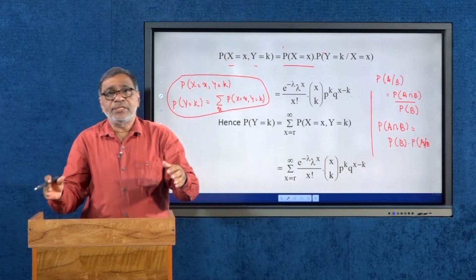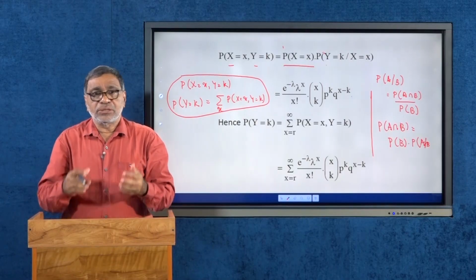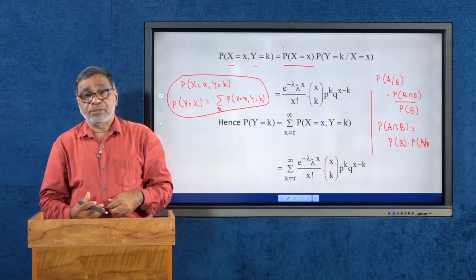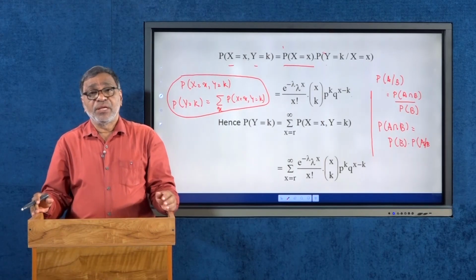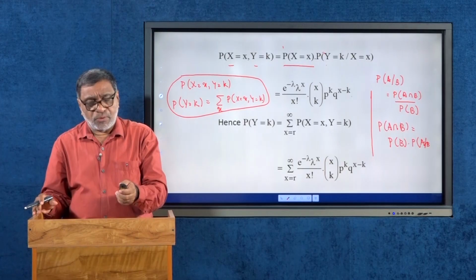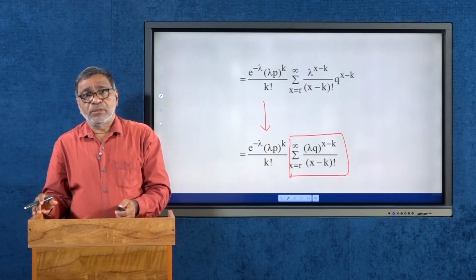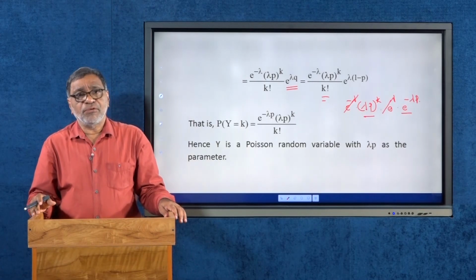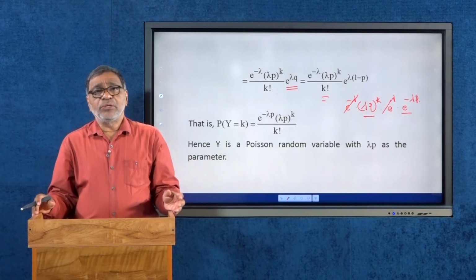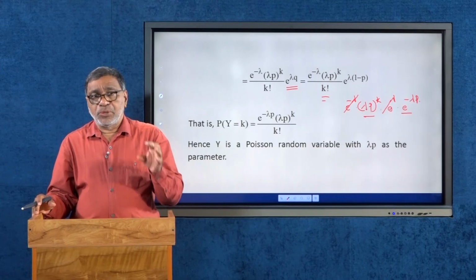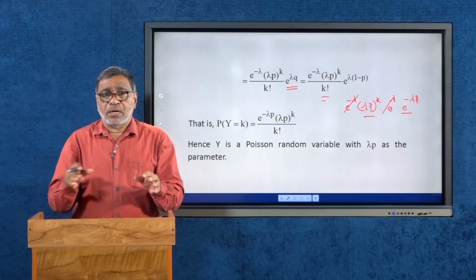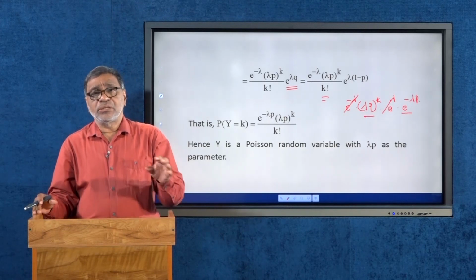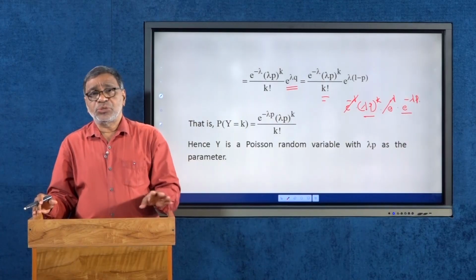That summation is simplified by taking some factors together and using the usual infinite series sum, and it reduces to the form e power minus lambda p into lambda p power k divided by k factorial. So, for a Poisson random variable and its connection with the binomial random variable, regarding conditional distributions, we established these two results.